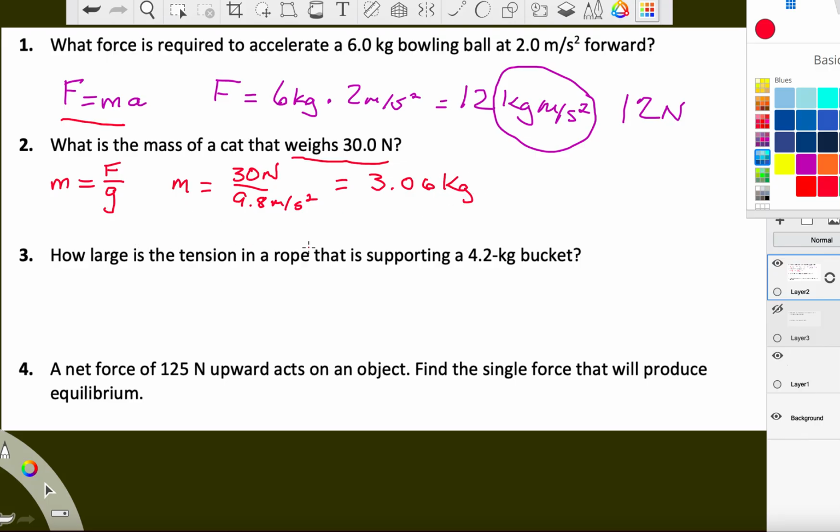That's the answer. How large is the tension in a rope supporting a 4 2/10 kilogram bucket? Well, this goes back to the force. Tension is a force on a rope, right? So the force of tension is equal to the mass times the acceleration due to gravity. Therefore, it's 4 2/10 kilograms, and we multiply it by 9 8/10 meters a second squared.